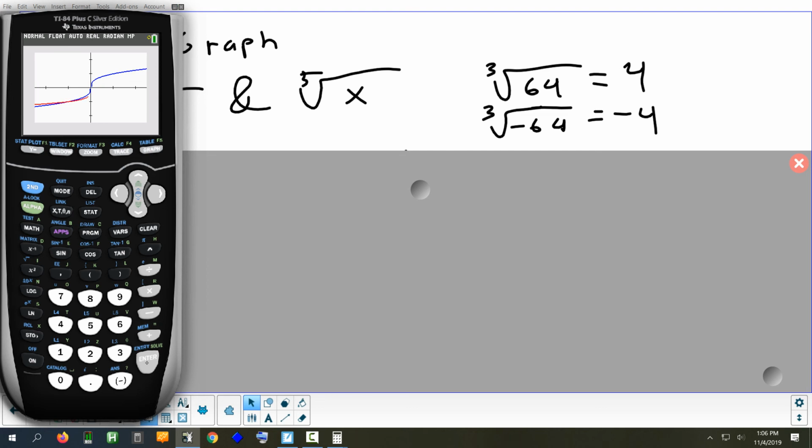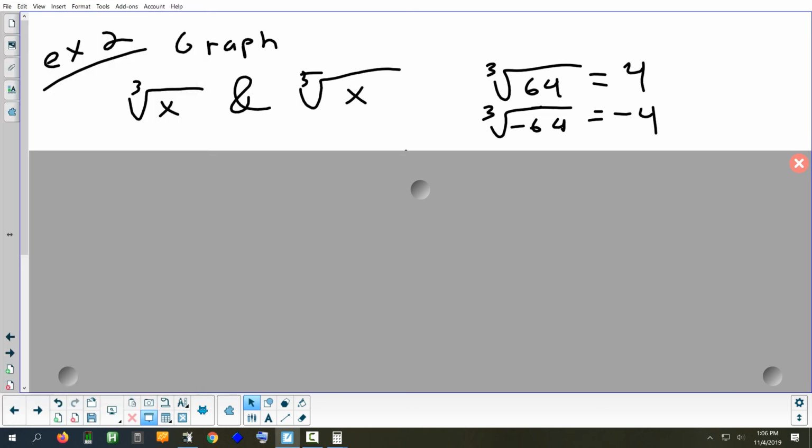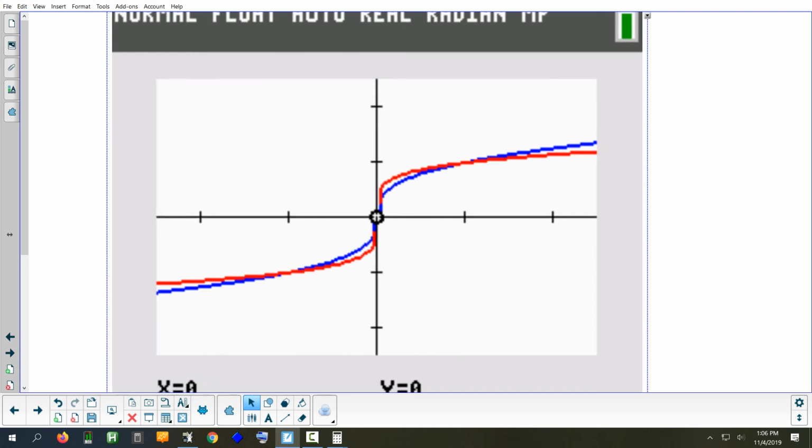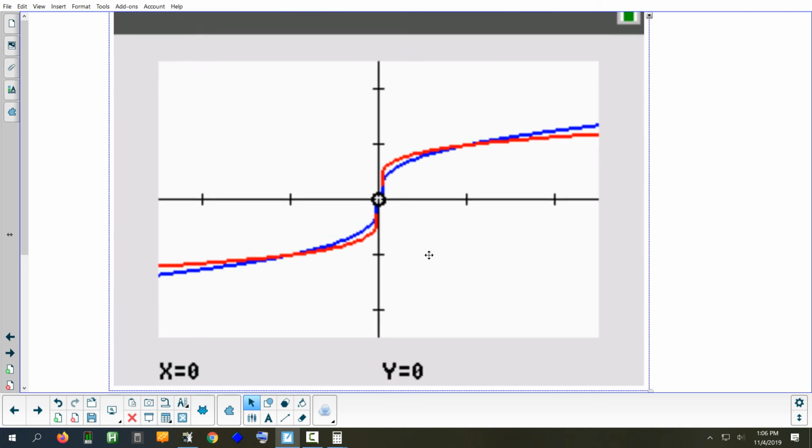All right, let's make that a little bigger and take a look at it. Anybody notice anything here kind of along the same lines as what we did before? Yeah, they intersect at -1, -1, and 1, 1. Anywhere else? 0, 0. Yep, 0, 0.